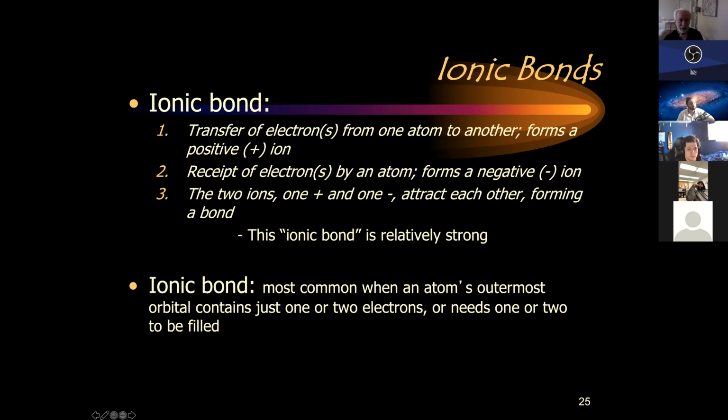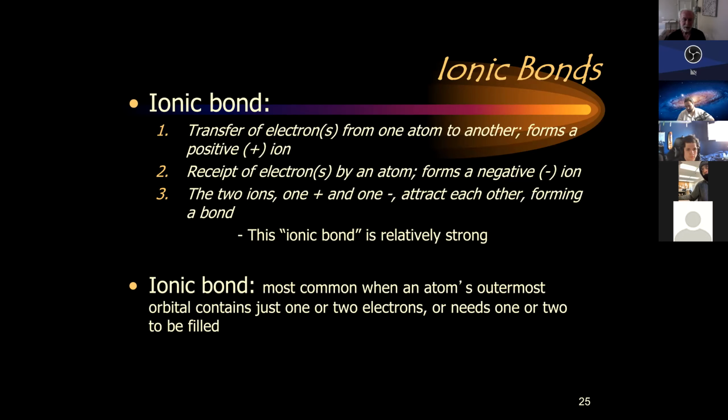So what is an ionic bond? Well, in the case of an ionic bond, you have an atom that transfers an electron to another atom. And when it does, it now becomes positive. So it gets rid of a negative charge, which makes it a positive ion.